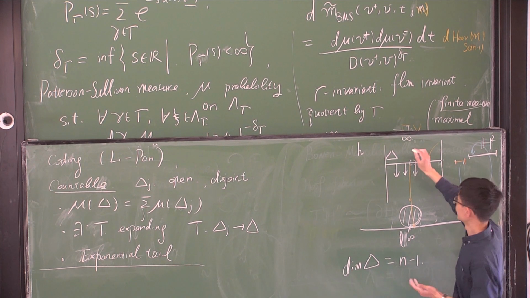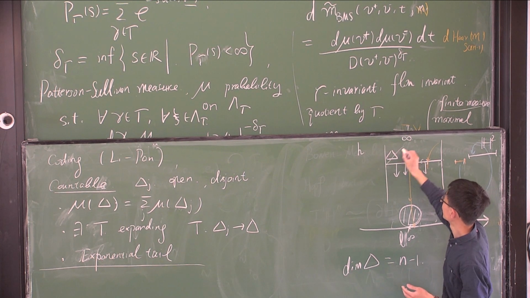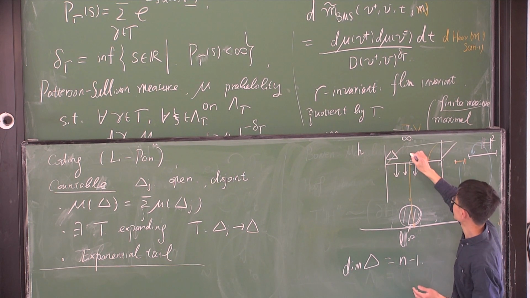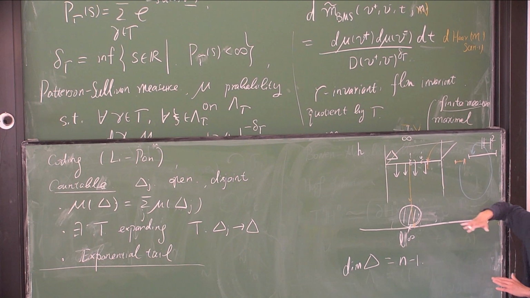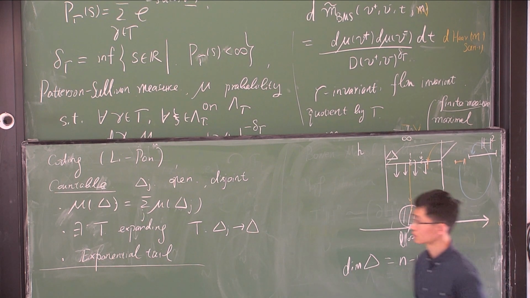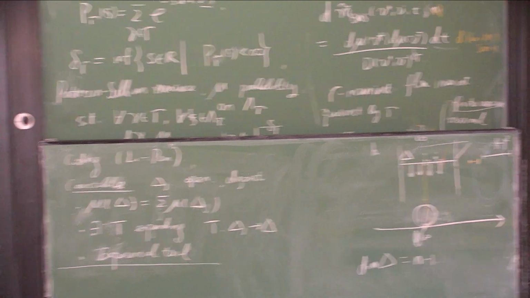It's like in the two-dimensional case, you have some rectangle, and you have directions going down. This is the unstable horosphere or unstable leaf. And then this is the unstable part. Then you need to add some stable part, but the stable part you don't care too much. You only take a quotient along stable.